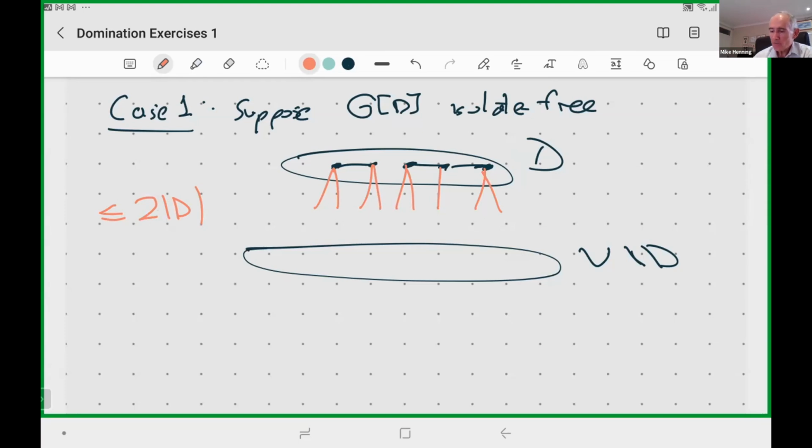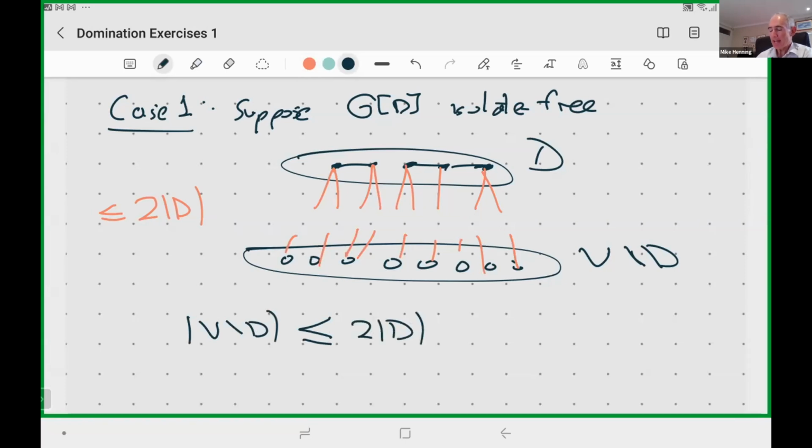Now the set is dominating. What does that mean? That means every vertex outside is incident to at least one of these edges. So that means that the number of vertices outside is at most the number of these orange edges.